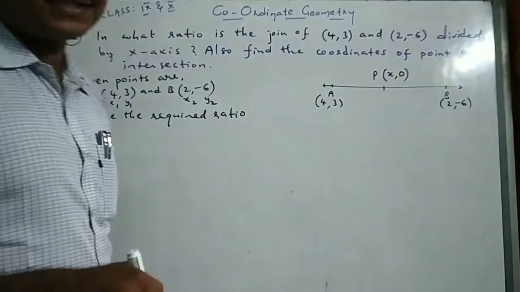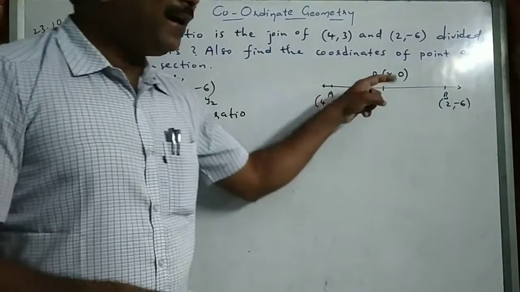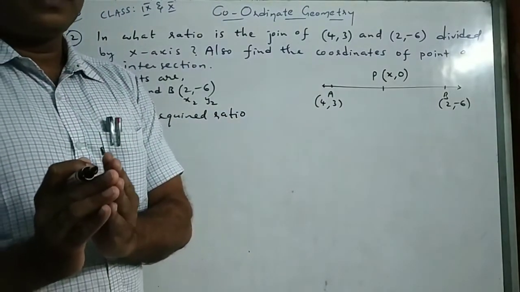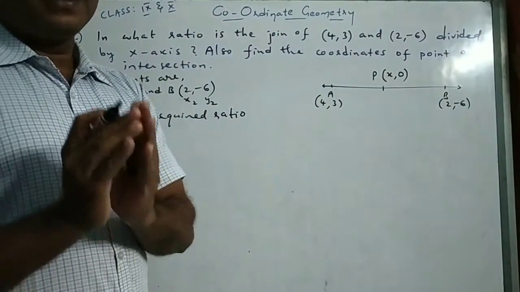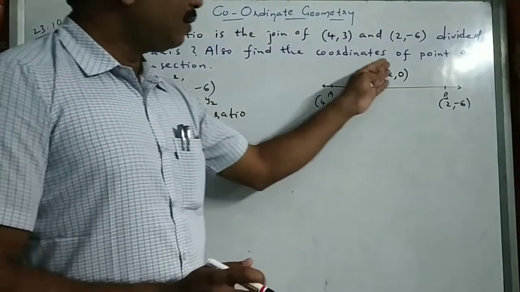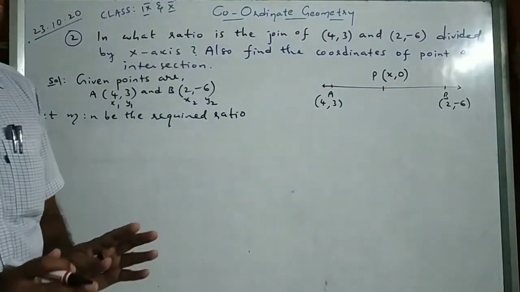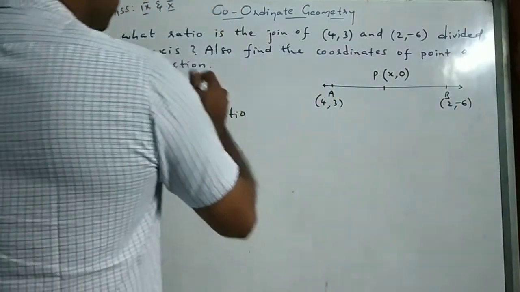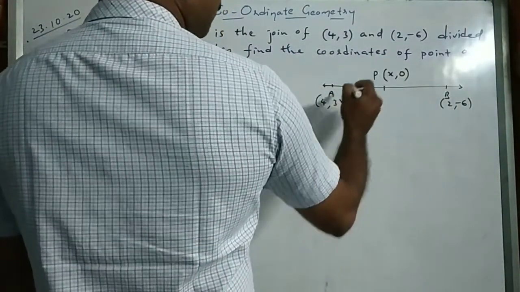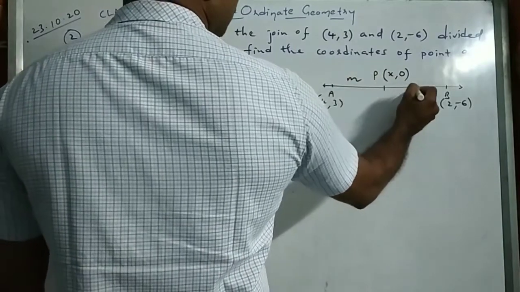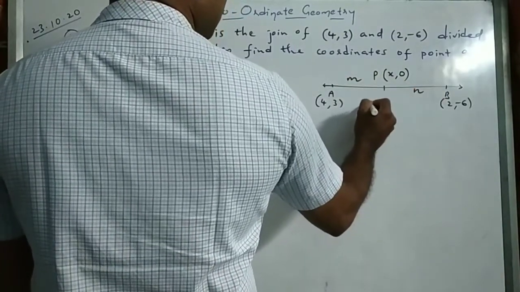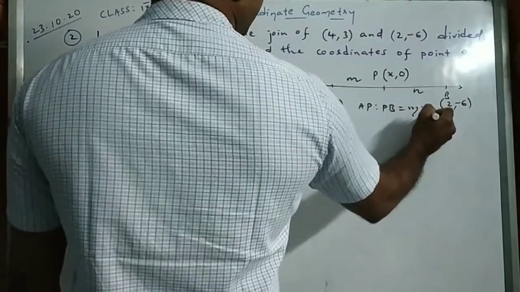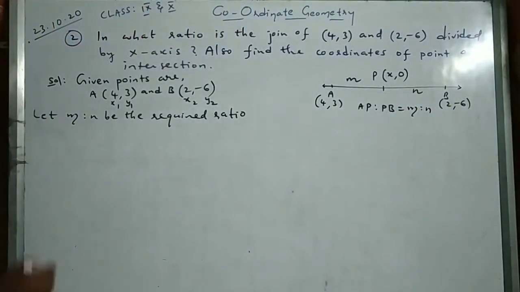Before that they asked the y-axis. We made the x coordinate equal to 0. Students, remember that if it is the x-axis, the y coordinate is 0. If it is the y-axis, the x coordinate is 0. So since it is the x-axis, I am taking the y coordinate as 0. So take it as m is to n. So AP is to PB equal to m is to n. We should find the ratio.